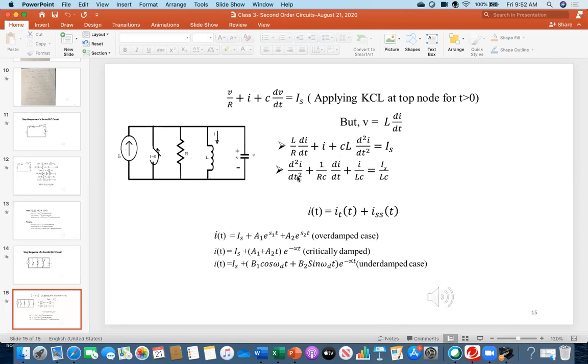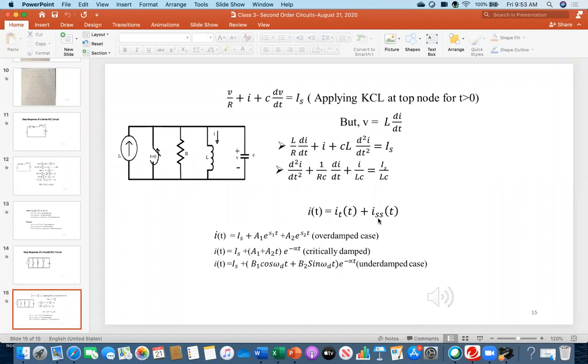See the expression. Again, this is clearly a second order differential equation. So what could be the solution? For this type of expression, the solution has two parts, the transient part and the steady state part. For the transient part, it could be any of these three situations: overdamped, critically damped, underdamped.